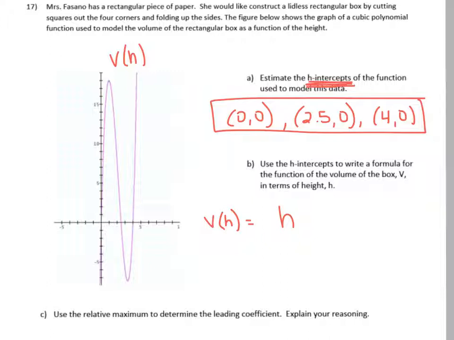Now, if we have a 0 at 2.5, we know that our factor is going to be x minus 2.5, or in this case, since we're using an h, we're going to write h minus 2.5.